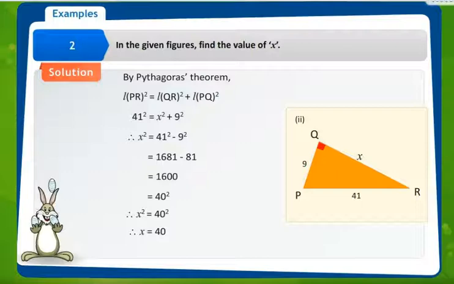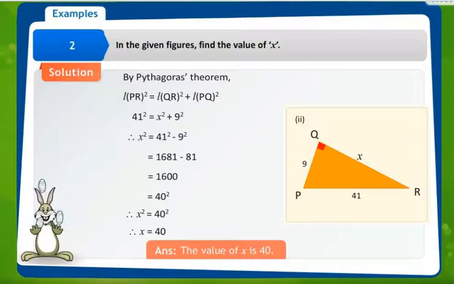QR we are supposed to find, so x square, and PQ is 9 square. So x square is equal to 41 square minus 9 square. 41 square is 1681 minus 9 square is 81, 1600. So x square is equal to 1600, x square is 40 square, so x is equal to 40. So the length of QR is 40.